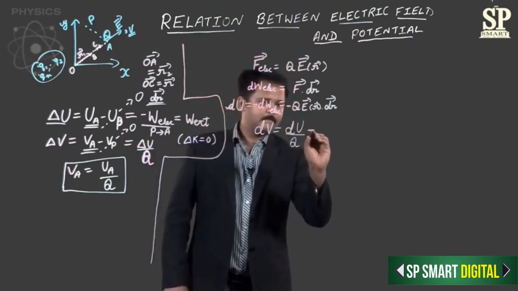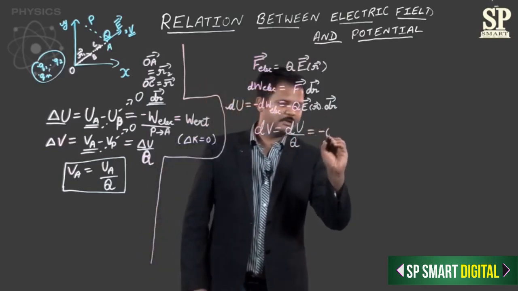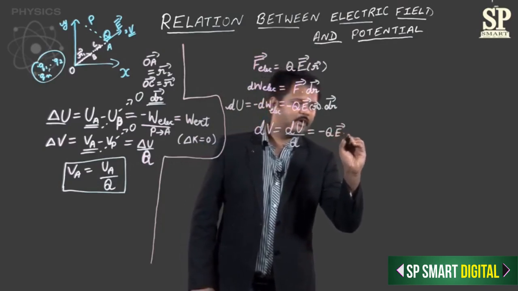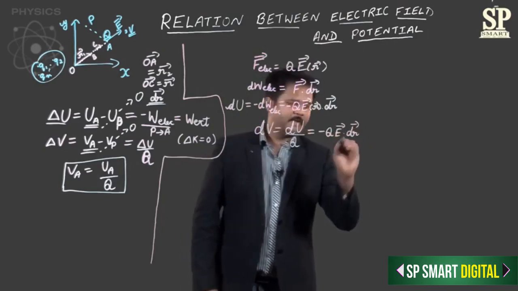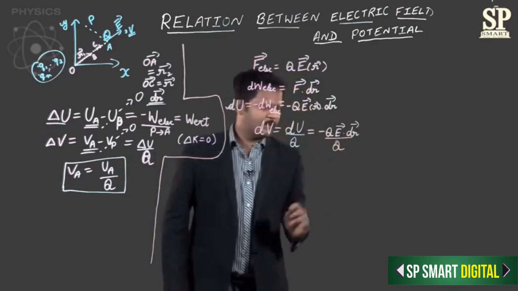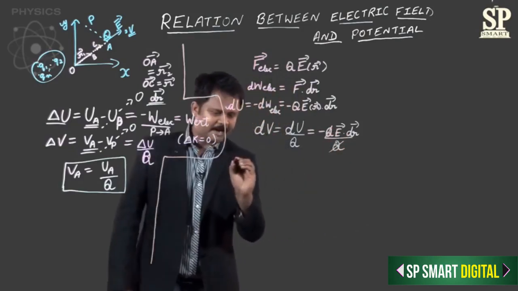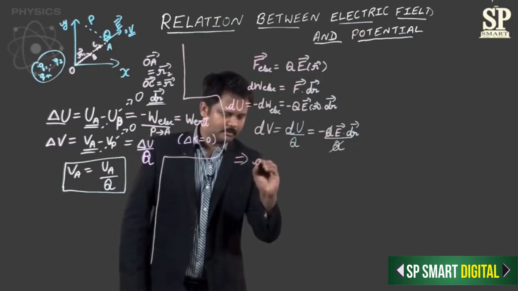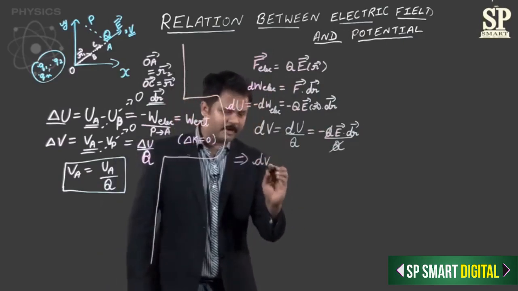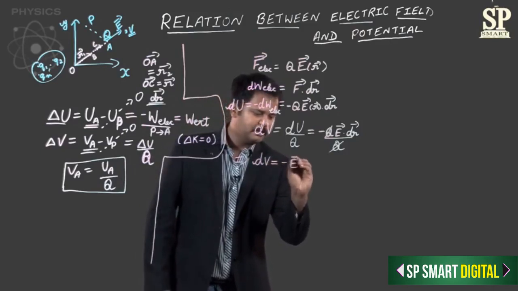In the most simplistic notation, I can write it as minus qE dot dr, divided by q. So I can cancel out these q's, and the change in potential due to this small differential displacement is given as dV equals minus E dot dr.